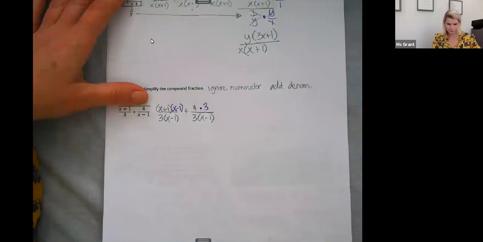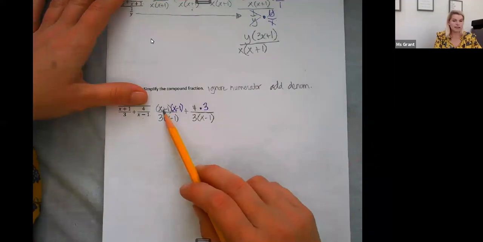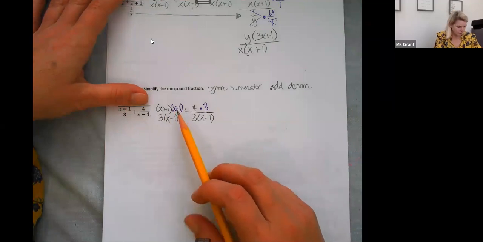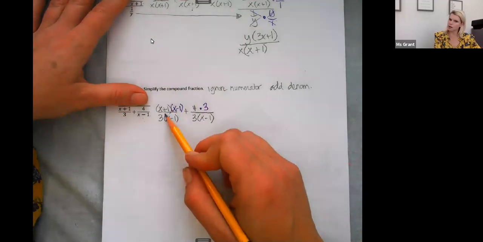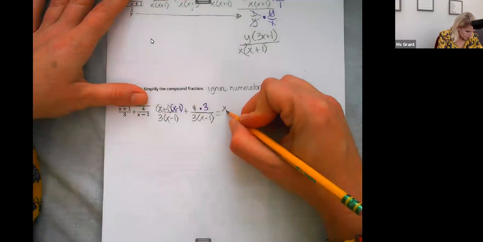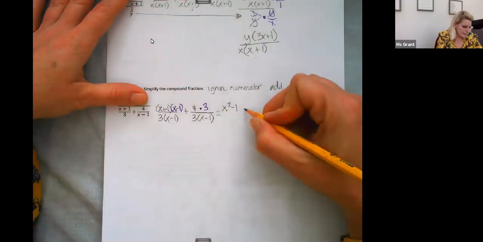Okay. Notice how my finger's still stuck there. My finger's stuck there because I don't want you to care about the numerator at all. FOIL. X plus 1, x minus 1. Difference of 2 squares, right? X squared minus 1 plus 12.